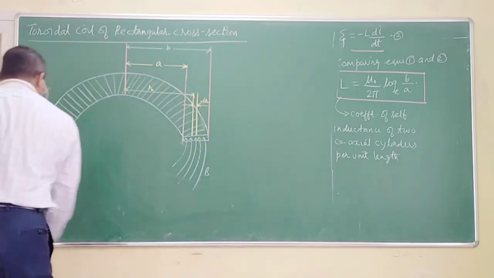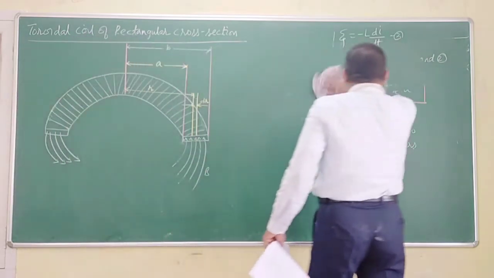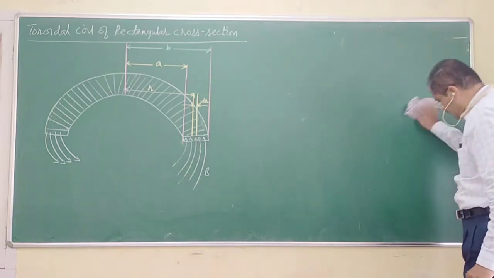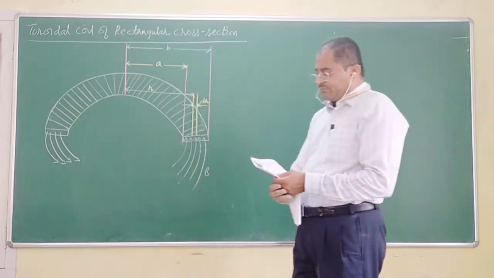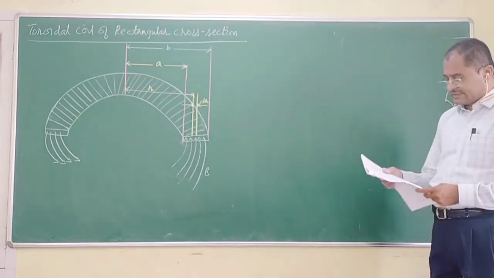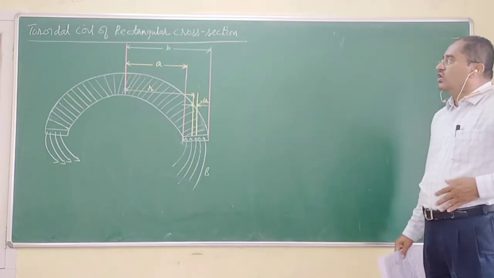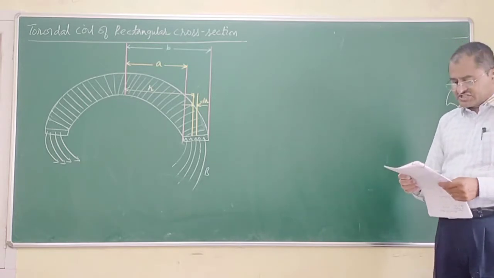I will tell you about this, don't worry sir. Very interesting topic. Okay. We proceed to see how to calculate the coefficient of self-inductance of a toroidal coil of rectangular cross section.